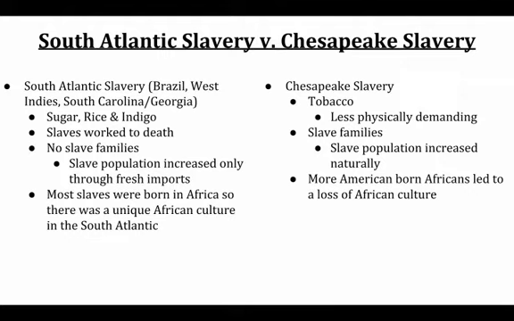And because we have more slave families developing, we have some sort of normalcy in that region. And we also see more American-born Africans. So African Americans are being born in this region. And as a result, we see a less distinct African culture in this region than we see in the Caribbean and in the Deep South.